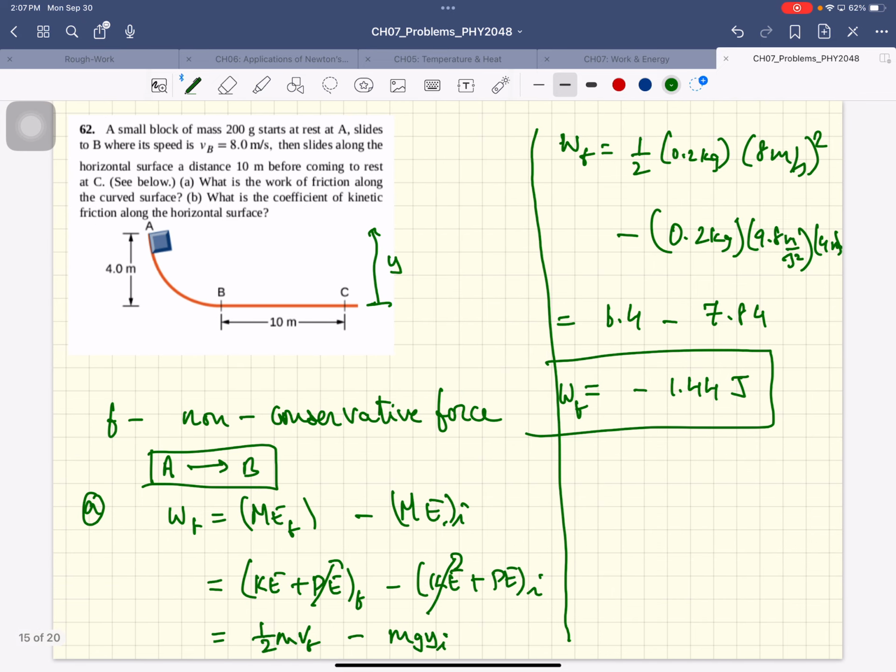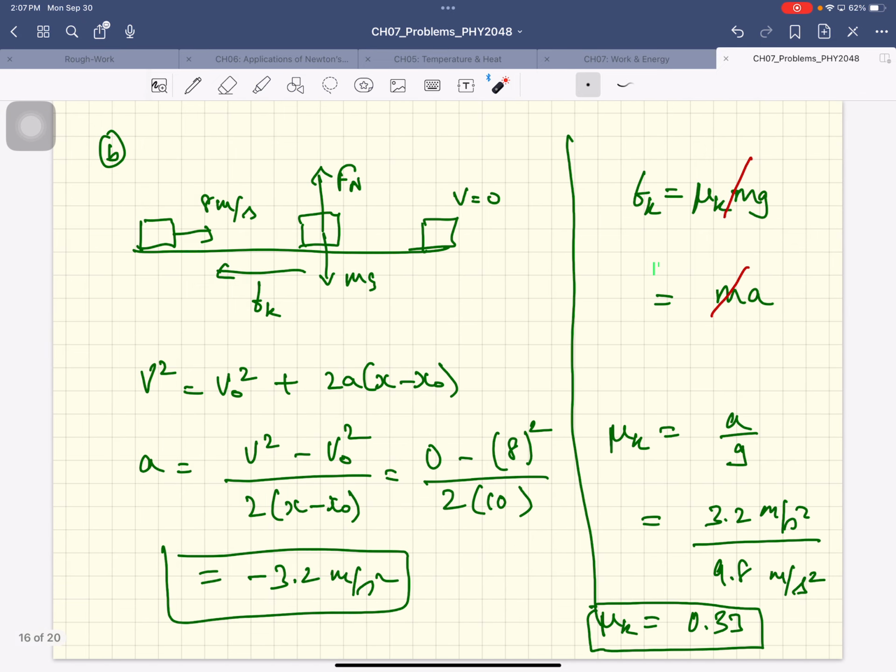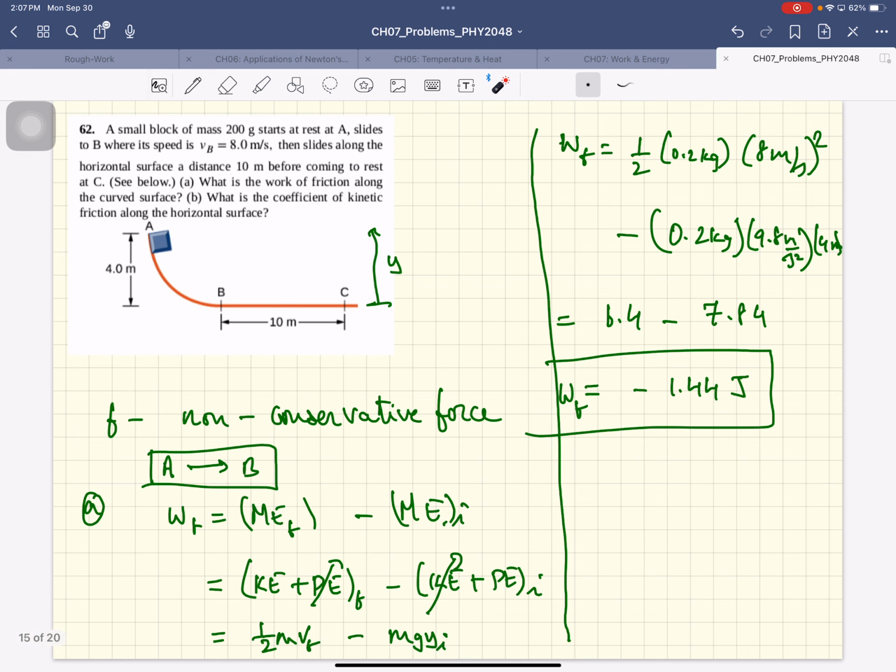Okay, these are not silly problems. You see the mass canceled, and so what that means is, as long as the surfaces are the same, you drop a box from here, that box will come to rest there.